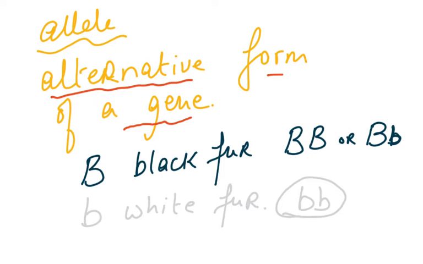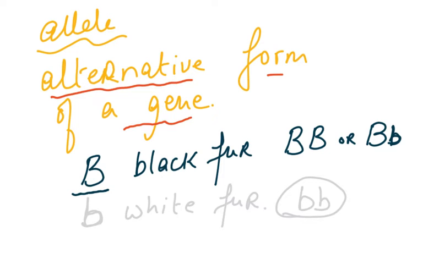Now I'll give you a simple example that the color of fur in rabbits can either be black or white. Just giving you an example. Now we decide as biologists to give it a letter. And I say, okay, let's say big B is for black fur and small b is for white fur.